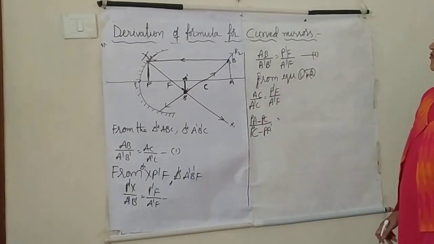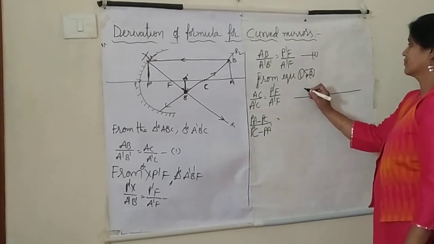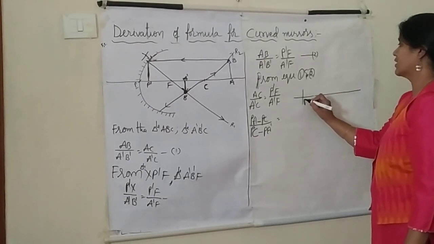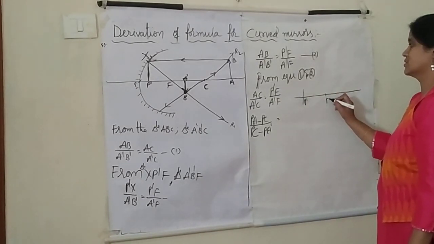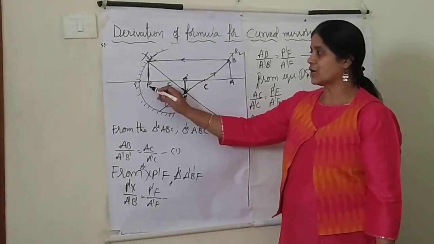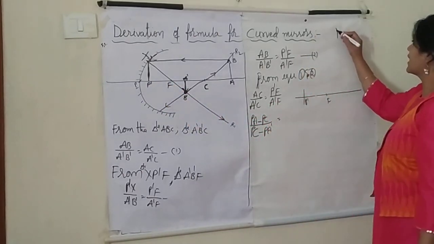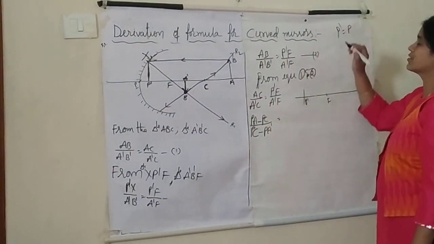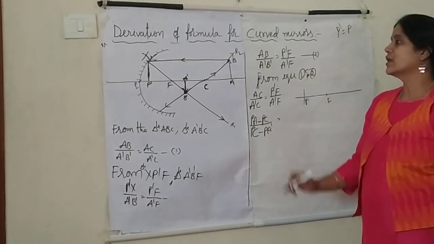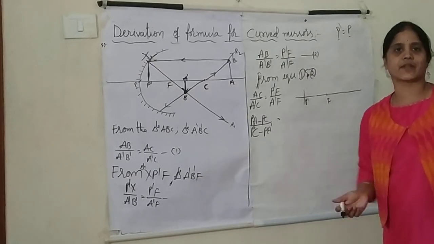P dash F. Again the same. This is P dash and this is F. Actually, here we have the two letters P and P dash. Instead of P dash, we will take it as P. Why should we take it as P? Because P and P dash are paraxial rays.